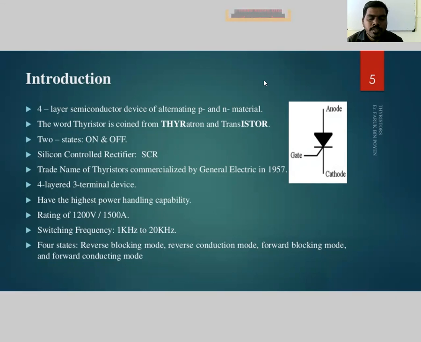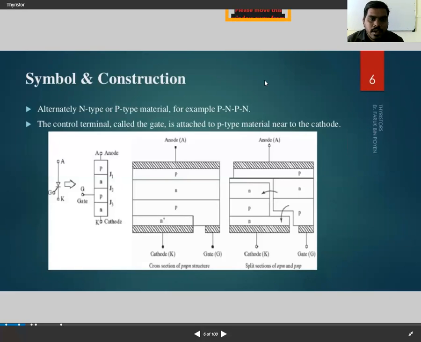Forward blocking mode means it will not allow the current to flow in the forward direction. Forward conduction mode means it will conduct in the forward direction.